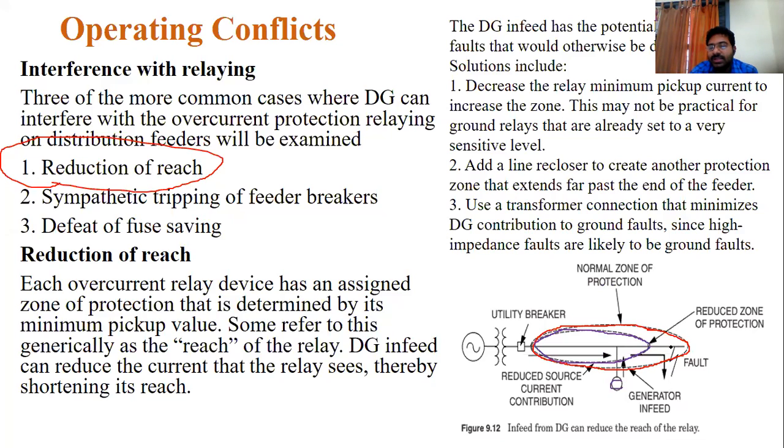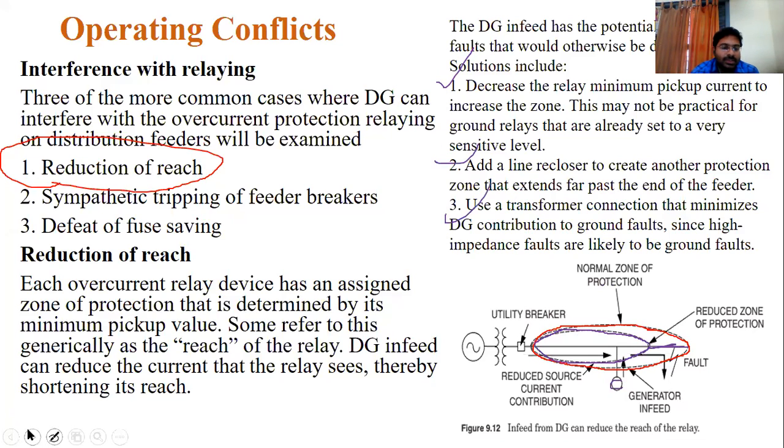If there is any fault in this region, it is unable to identify that fault. So this is the reduction of reach. There are some solutions to reduce the reduction of reach.